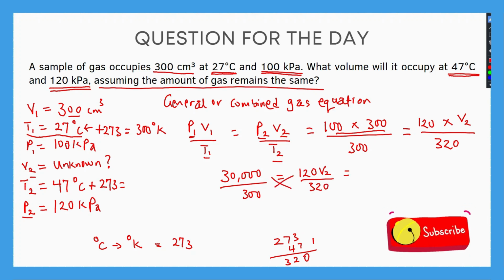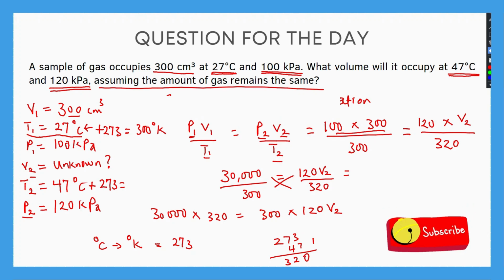When we cross multiply, it becomes 30,000, I beg your pardon, times 320 is equal to 300 times 120 V2. Just give me a moment so I can erase a few things so we'll have space to write some other things.